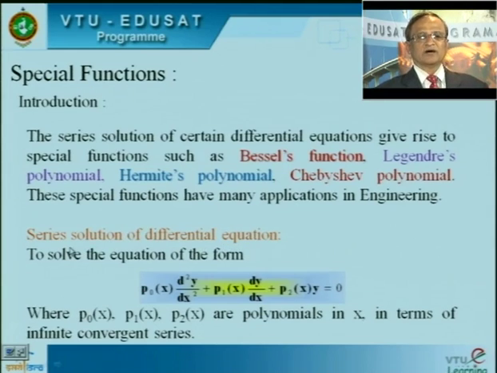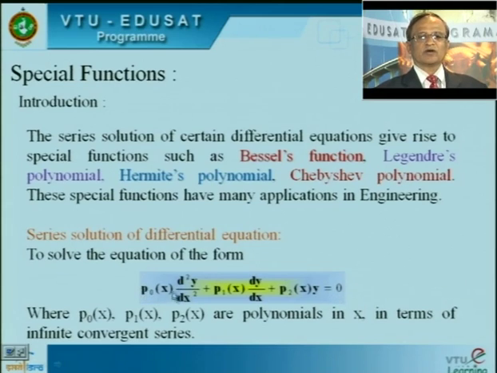Now I want to find the series solution. To solve an equation of the form, the given equation may be in this form: P0(x) d square y upon dx square plus P1(x) dy by dx plus P2(x) into y is equal to 0.